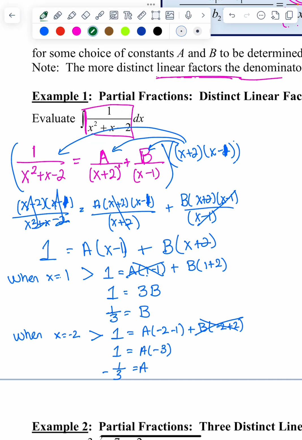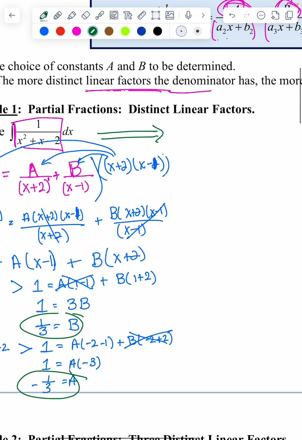Now, I did all of this math because I want to rewrite this guy. So you notice how B is 1/3, A is -1/3. So now the new integral that I am solving is A over x plus 2, which is -1/3 over x plus 2, plus B, which is 1/3 over x minus 1.